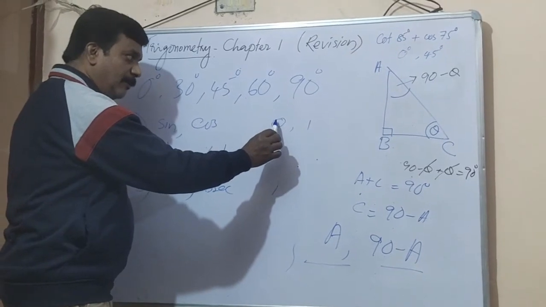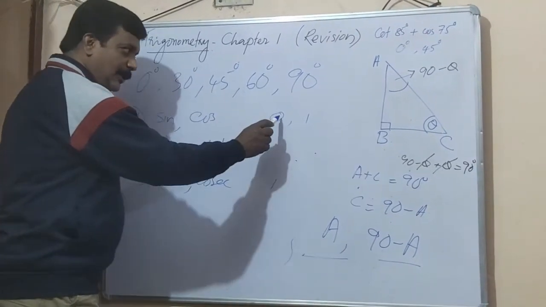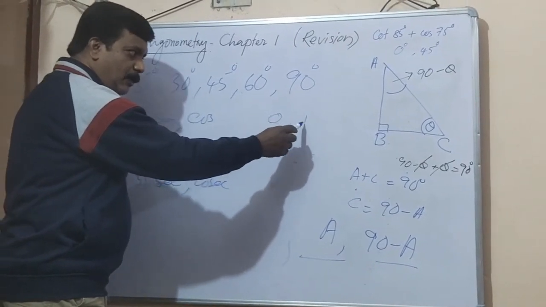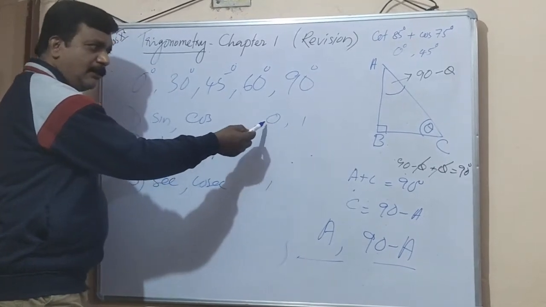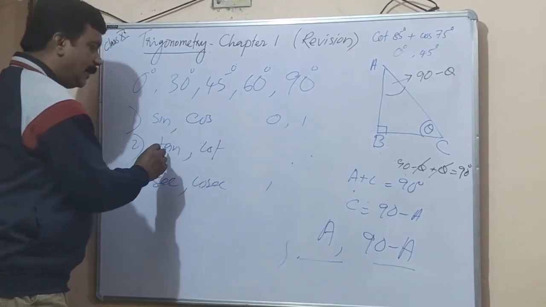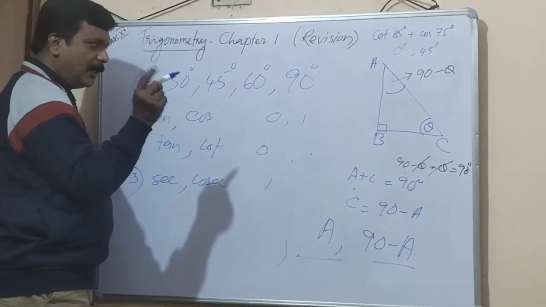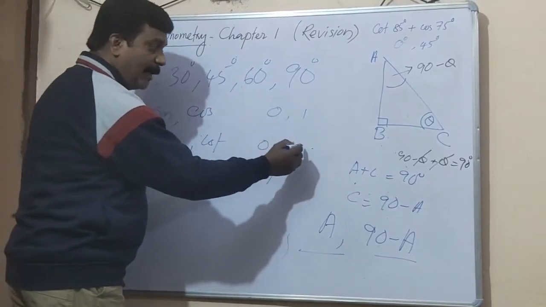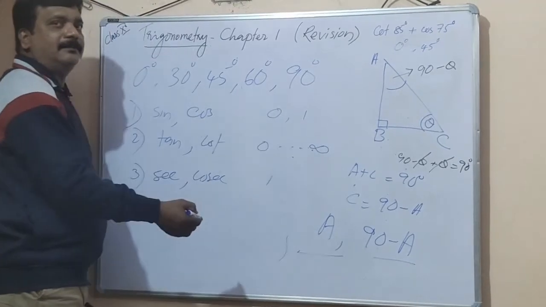It will be between 0 and 1. Look at the table. It can be equal to 0, equal to 1, but between them. It will not go beyond 1, it will not exceed 1, or become less than 0. Tan and cot, it can be equal to 0 somewhere, but maximum it can go up to infinity, means not defined.